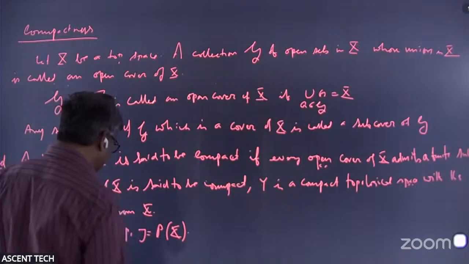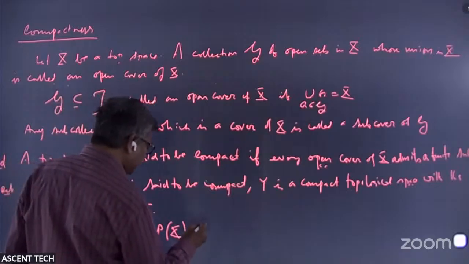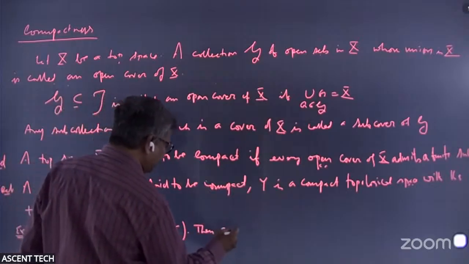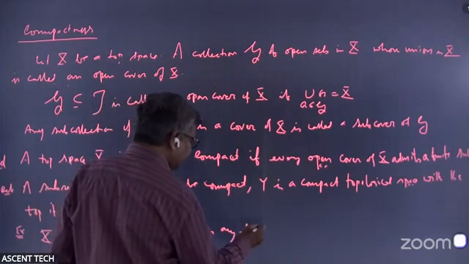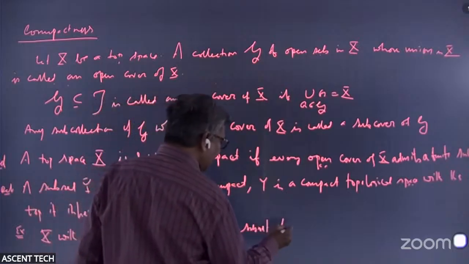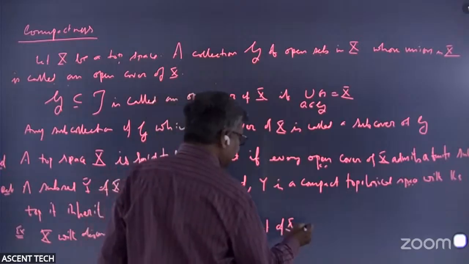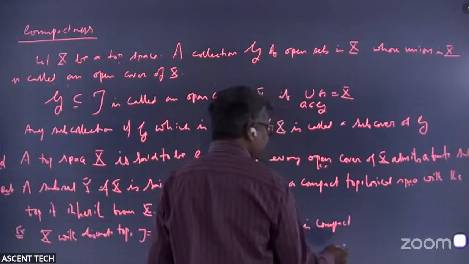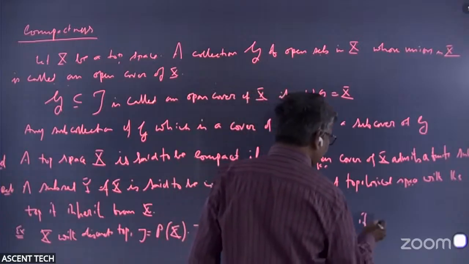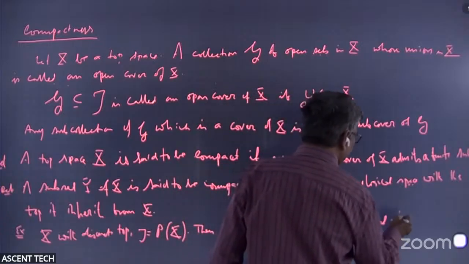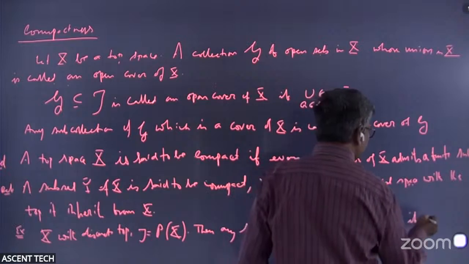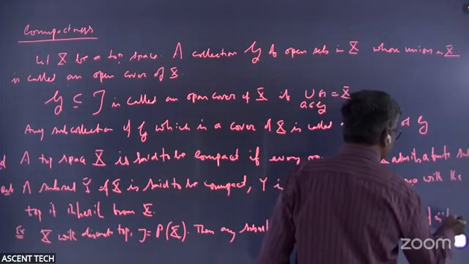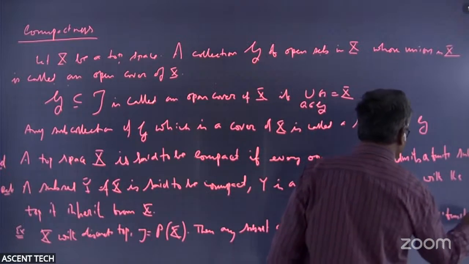If the topology T is the power set of X, then any subset of X is compact if and only if it is finite. Only finite subsets are compact sets.